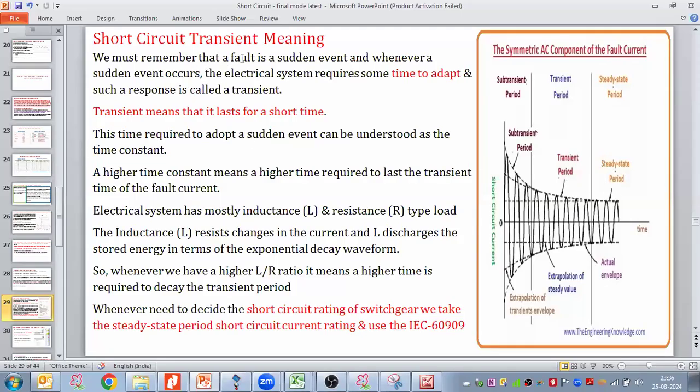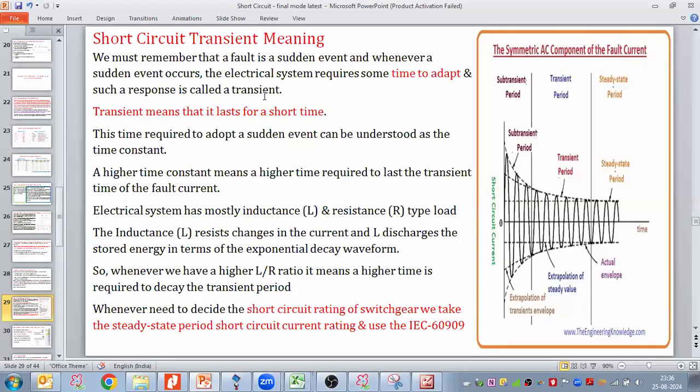We must remember that a fault is a sudden event. So again, I'm taking the same reactance and X/R concept. Whenever a sudden event occurs, the electrical system requires some time to adapt, and such a response is called a transient.